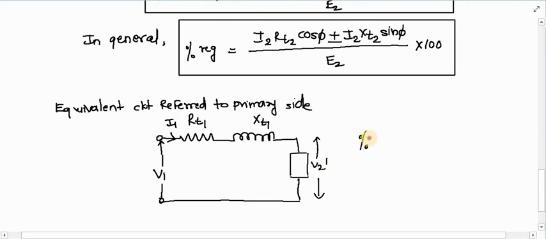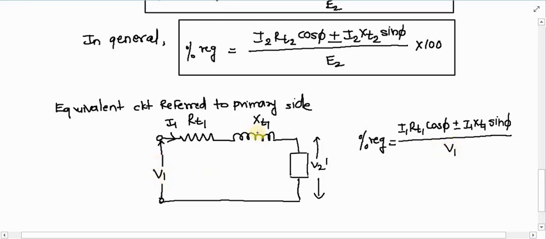The same general formula we can derive from the approximate equivalent circuit referred to the primary side. Now instead of I2 it will be I1, instead of RT2 it will become RT1, cos of phi plus or minus I1 XT1 sin of phi, divided by, now it is V1, voltage on the primary side, into 100.